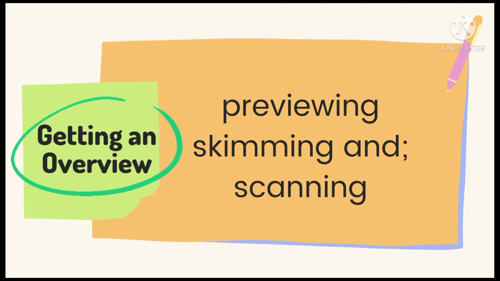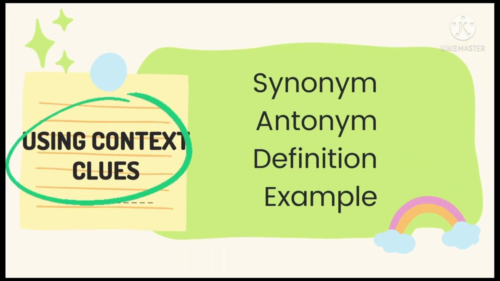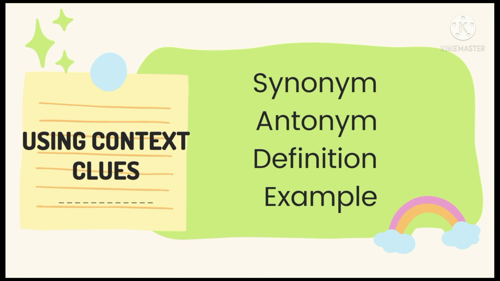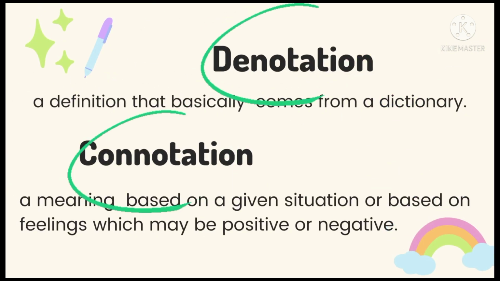If you're going to use context clues, make sure that you understand synonym, antonym, definition, and example. And if you're going to use connotation and denotation, you have to remember the difference between the two. Denotation is a definition that comes from a dictionary, and connotation is a meaning of a word that is based on the given situation or context of the sentence.